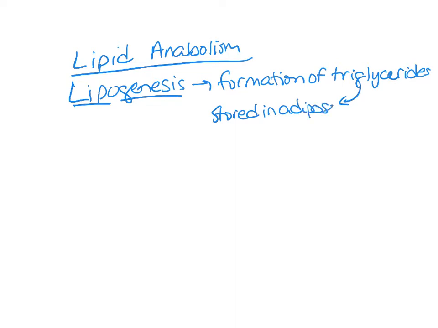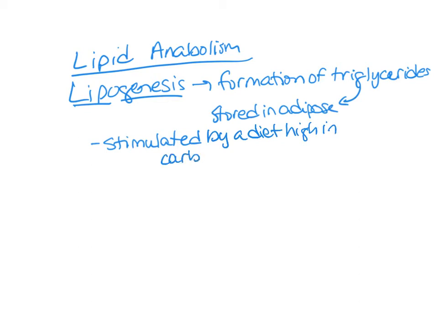So when does your body form triglycerides? Well, we know that it is stimulated by a diet high in carbohydrates, it's also stimulated by the hormone insulin. And insulin will be released whenever you have a diet high in carbohydrates.